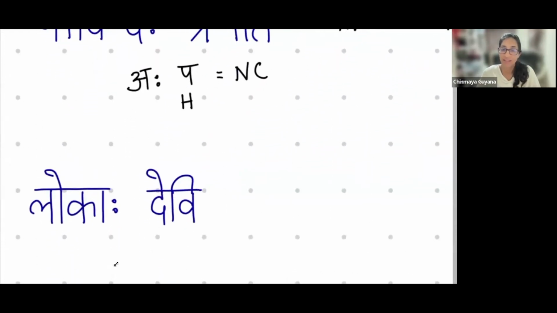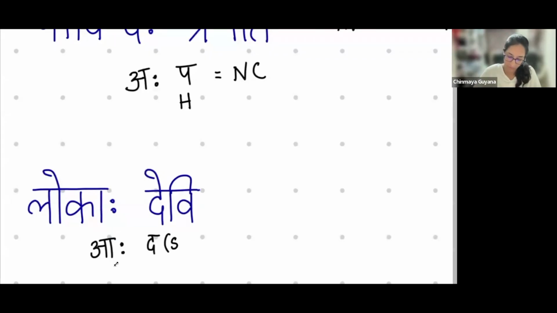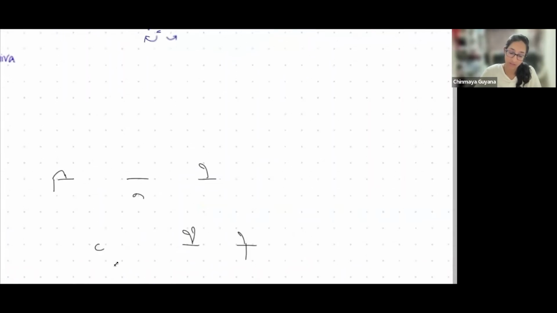Lokaha Devi. Now this vowel symbol should be very evident. What is the vowel symbol? A. So you have an aha, visarga meeting a dha. Dha is soft or hard? Dha comes in line 3. Line 3 is soft. So you have aha and soft.